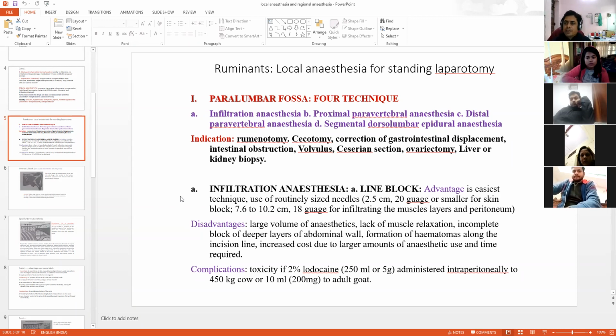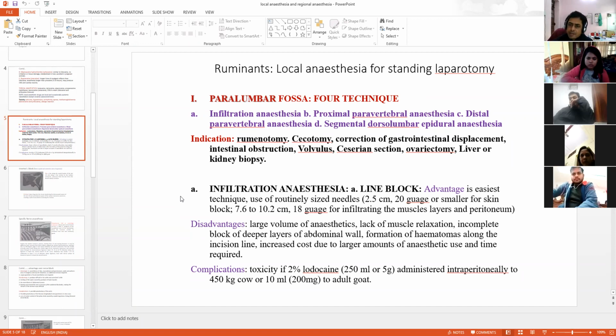What do you mean by infiltration? It means you are going to infiltrate local anesthetic over the line of incision. Suppose you have to give an incision here for a cesarean, then you are going to infiltrate local anesthetic over that particular line. This is also known as a line block.